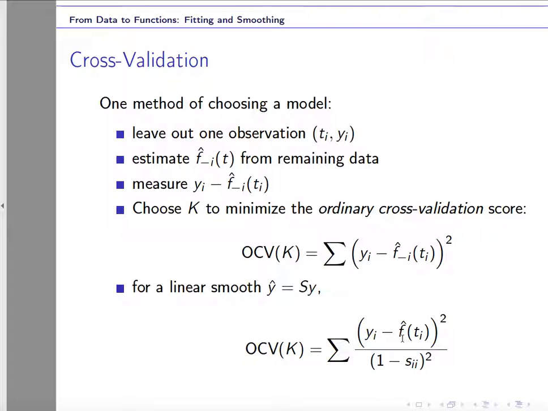In other words, if we use this formula, you don't need to do the cross-validation for each time point. You can just fit the whole data, get f hat, and also get the smoothing matrix S and its diagonal elements S_ii, and then you can calculate the cross-validation score. Actually, you don't have to do the cross-validation. Okay, so this is very handy.